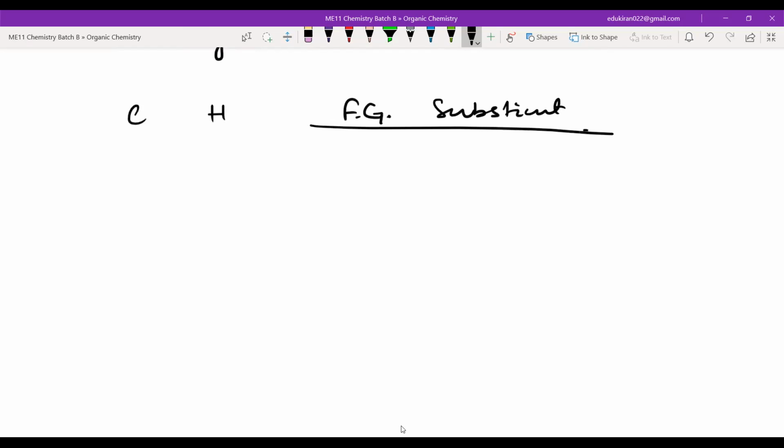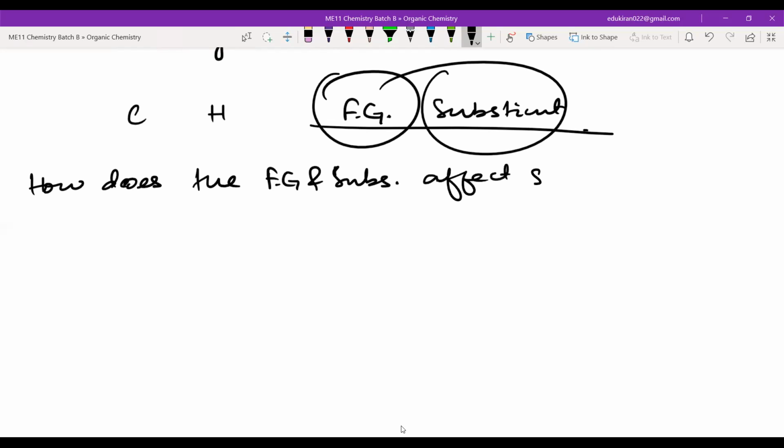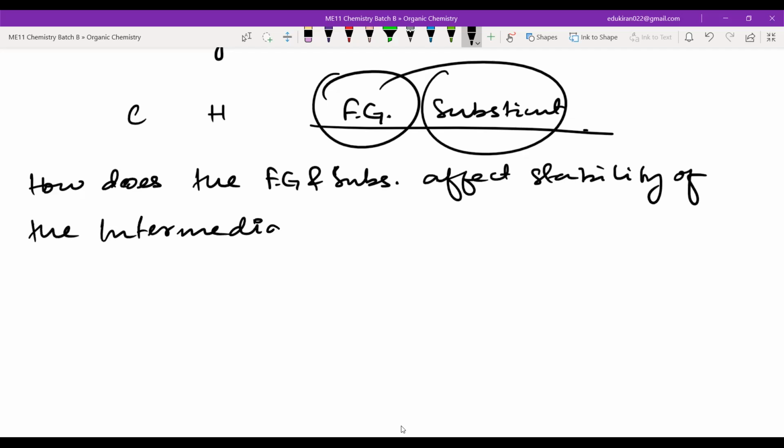Now, how do these functional groups and substituents affect the stability of the intermediates that we have been looking at? Mainly, we have to answer this question.